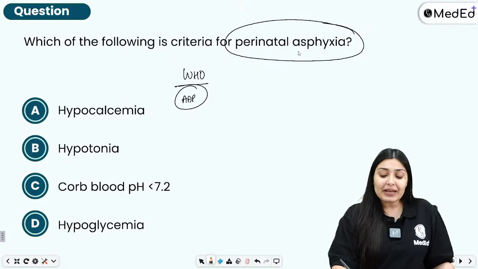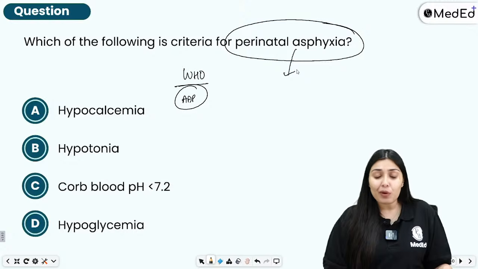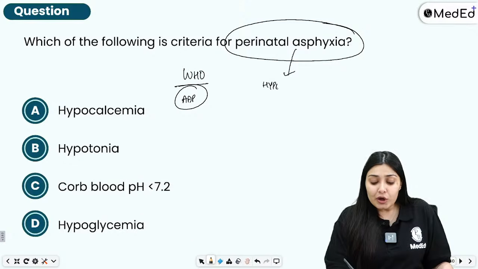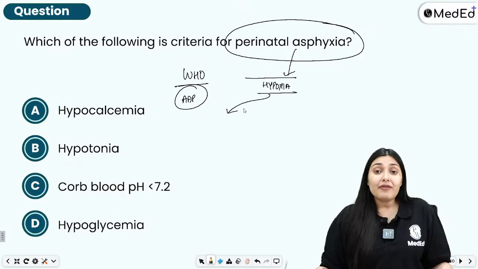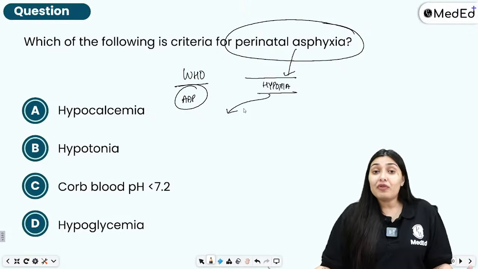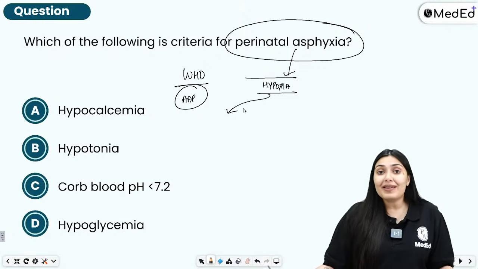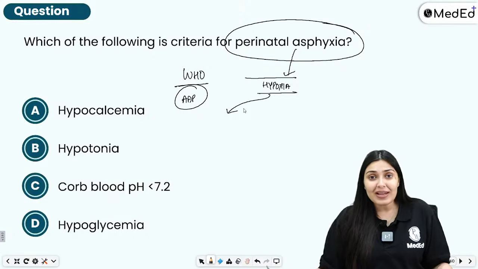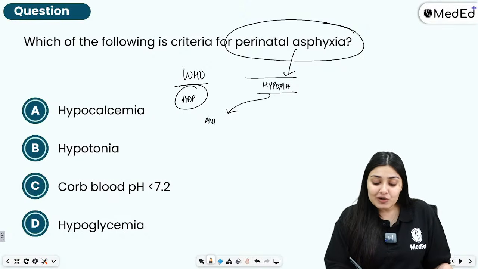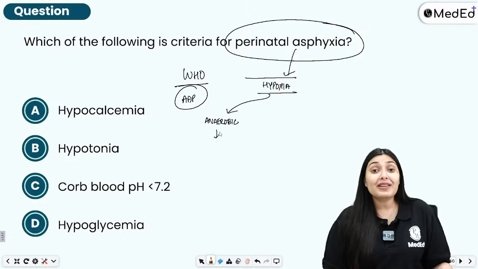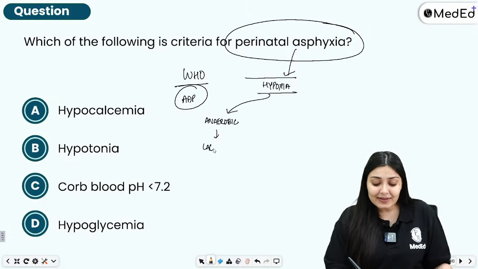What is happening in asphyxia? There is basically hypoxia. This will affect my major organs. Whenever there is hypoxia, what type of respiration is going to be there? Aerobic respiration or anaerobic respiration? There will be anaerobic respiration. And we all know what is the byproduct of anaerobic respiration. That is lactic acid.